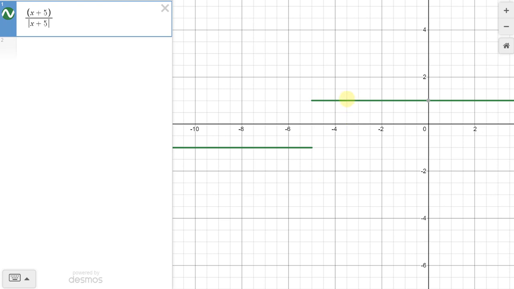So the thing I want you to notice is that on this side, which is where we have -5 and above, we're at a positive constant. So this is +1, the constant function 1. And then from really any value from -5 and below, we go to the negative constant function. So there's still a positive side and a negative side with our absolute value.